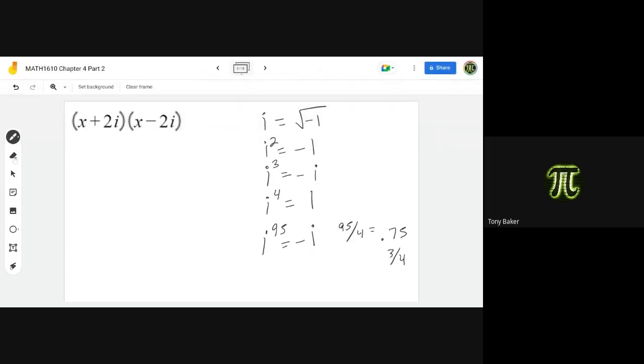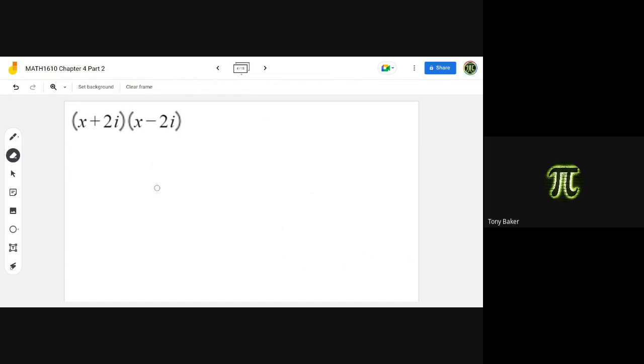If I said it was i squared or i to the third inside of it, I would have changed it immediately before I even did this next step. Or if it was i to the fourth, I would have just changed it to 1 and not worried about it. So that's what I'm saying. You're rarely ever going to see that.